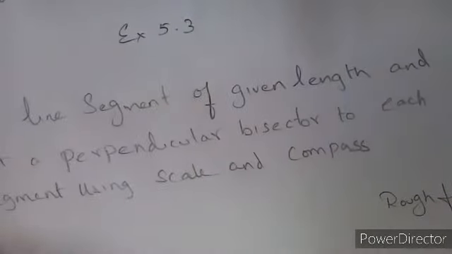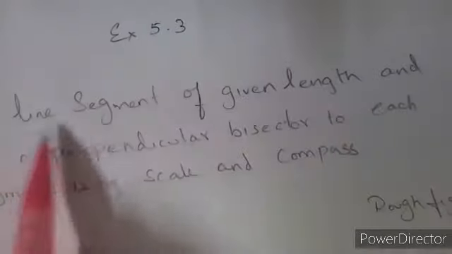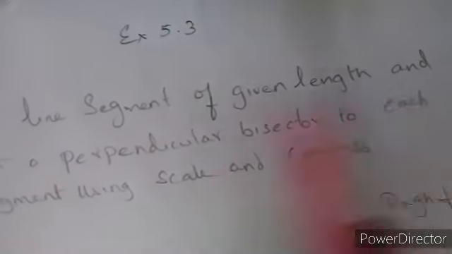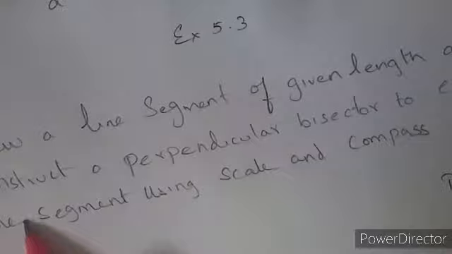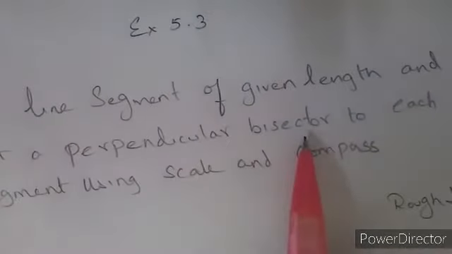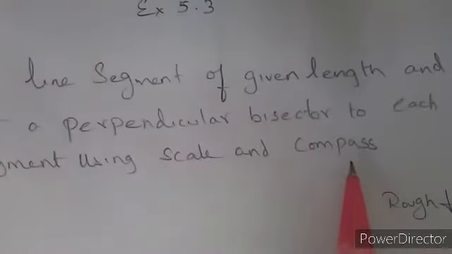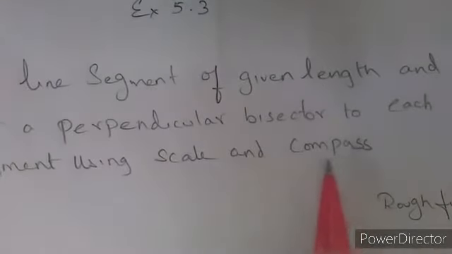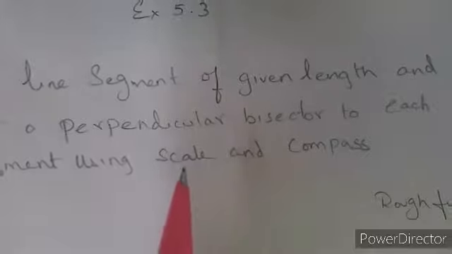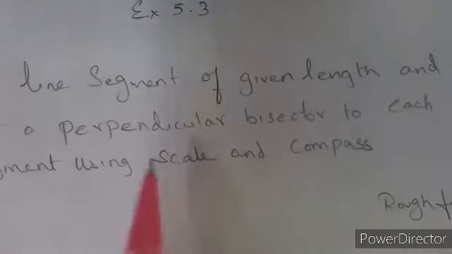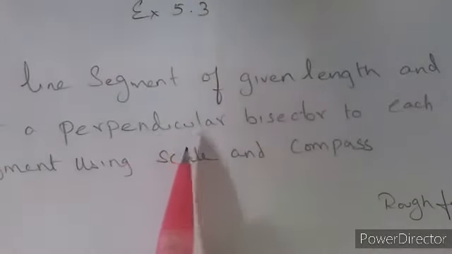In question number 1, draw a line segment of given length and construct a perpendicular bisector to each line segment using scale and compass. You have to use only pencil to write the question in your geometry note.